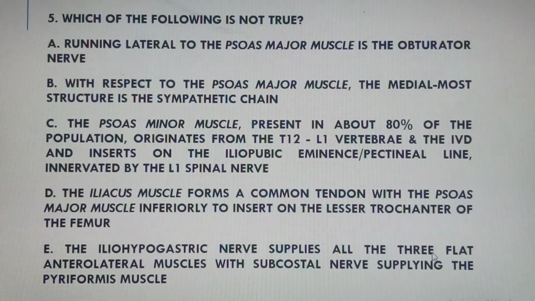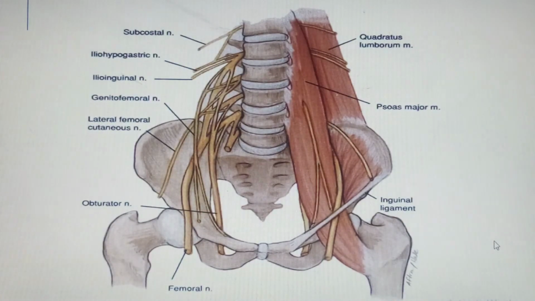So the internal oblique as well as transversus abdominis muscle, not all the 3, will be supplied by the iliohypogastric nerve. And of course, the subcostal nerve will go through the rectus sheath to supply the pyramidalis muscle. No doubt about that.